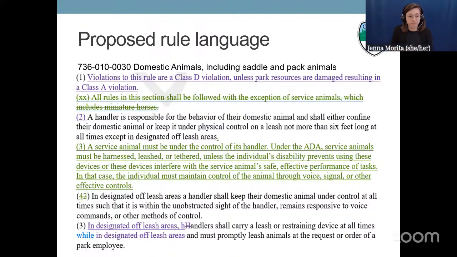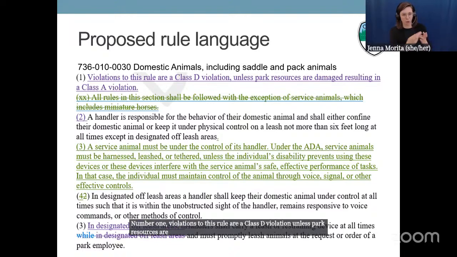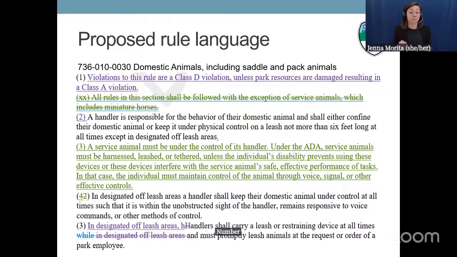Next section, 736-010-0030, domestic animals, including saddle and pack animals. Number 1, violations to this rule are a Class D violation unless park resources are damaged, resulting in a Class A violation. Number 3, a service animal must be under the control of its handler.